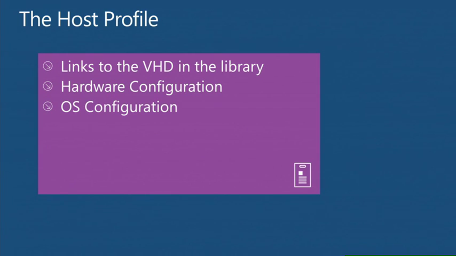Now, they are changing some of the bits and pieces in System Center Virtual Machine Manager 2012 Service Pack 1, which means that even if I define the profile as a DHCP profile, it doesn't mean it's going to have DHCP when I deploy it, because they added functionality to define the IP address.